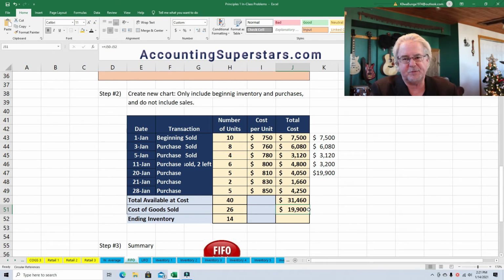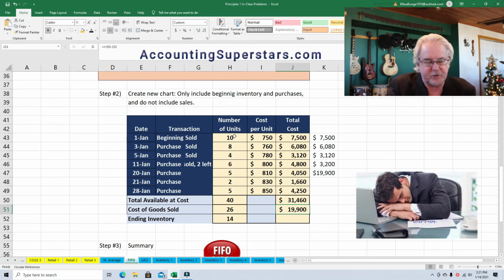So just to run this by you one more time. First in, first out. The beginning inventory, those were the first ones in. This 8 was the next bunch of snowblowers in. This 4 was the next bunch of snowblowers in. So first in, first out. These were the first ones to be sold. These 8 were sold, bringing us to 18.